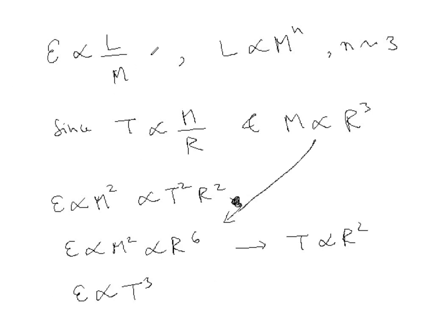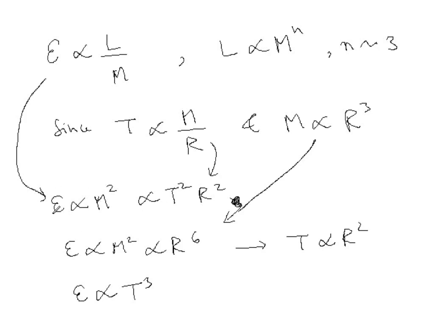Let me again show this to you. You see, epsilon is proportional to L by M, and so we directly get epsilon is proportional to M to the power 3 minus 1, that is 2, and so M square. Now from here we get epsilon is proportional to T square R square.